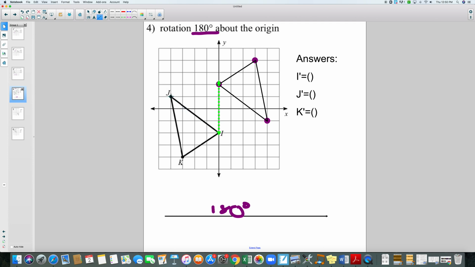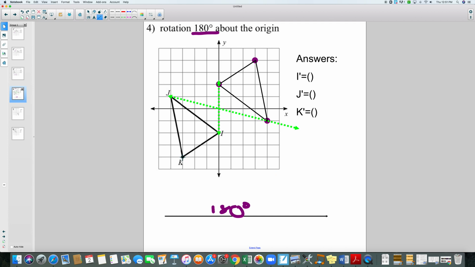Let's look at J. If I take J and go through that same center axis, follow all the way through, you can see from J to J prime that it creates a straight line.